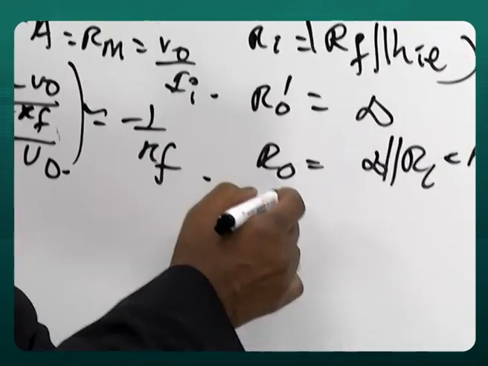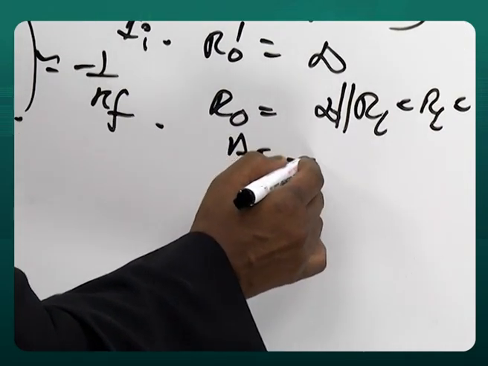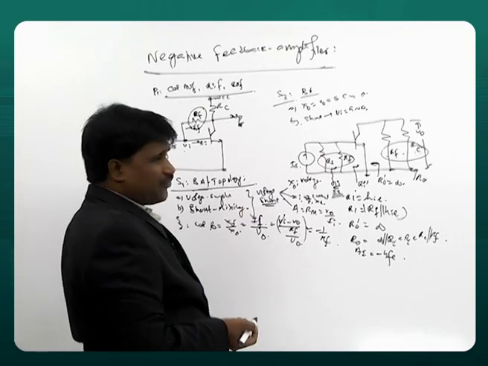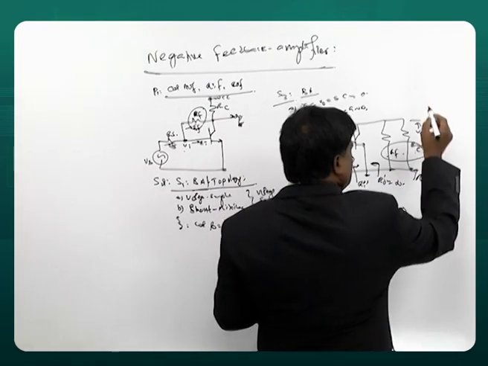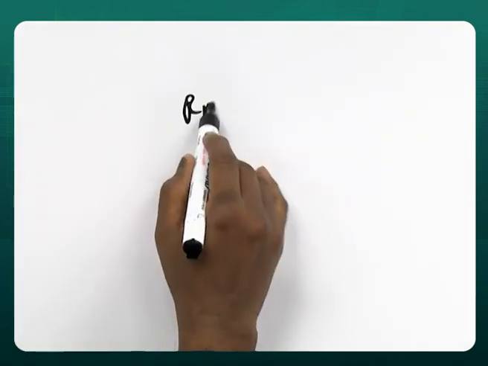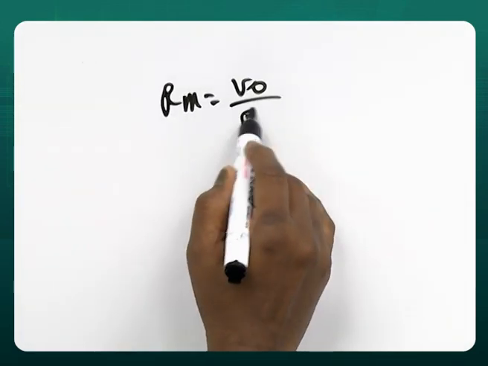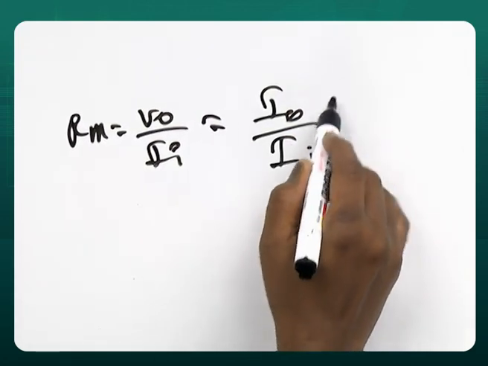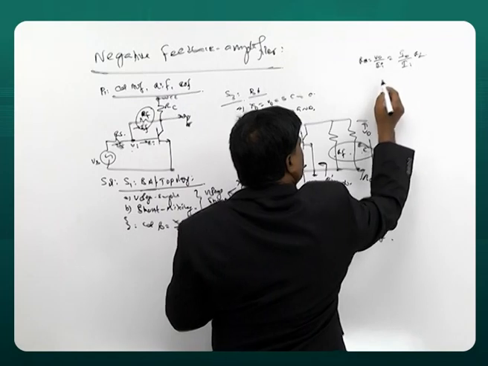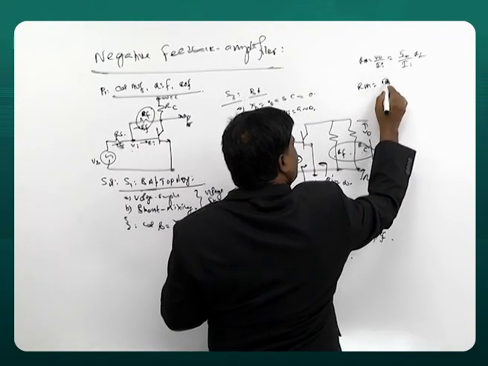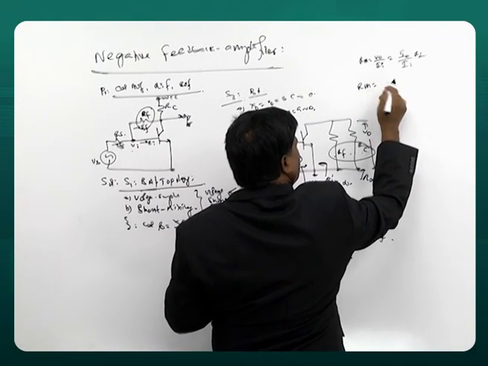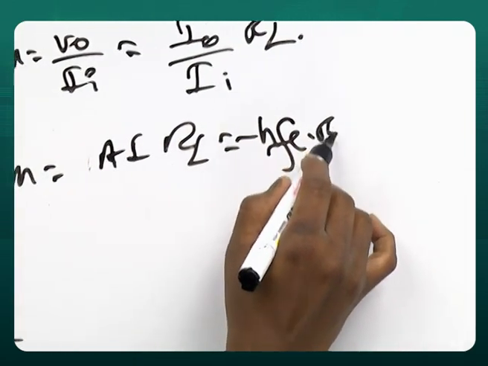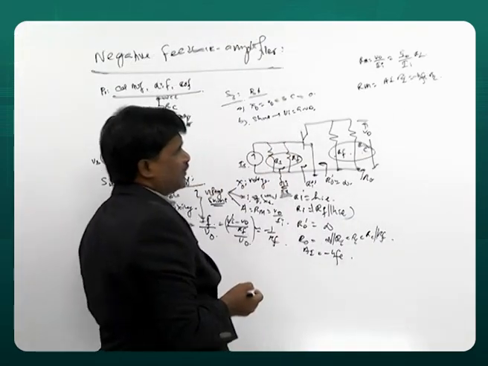Then what is current gain? Current gain is HFE. Then what is RM? RM is V naught by II, which is I naught by II into RL. That is nothing but current gain into load, minus HFE into RL.